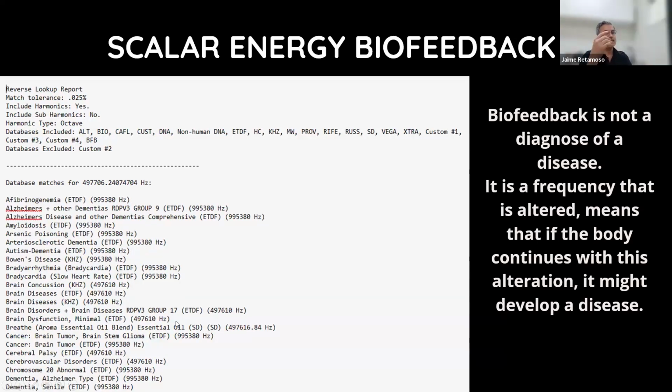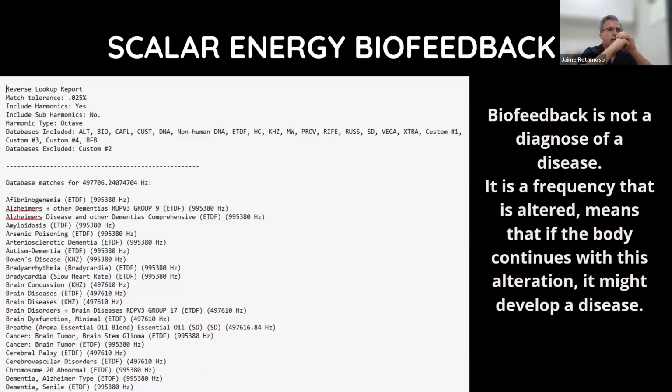As I said at the beginning, it doesn't mean you have this disease. No way, you don't have this disease. This is not a diagnostic tool. What it's saying is you have a frequency that is very close to these different diseases.